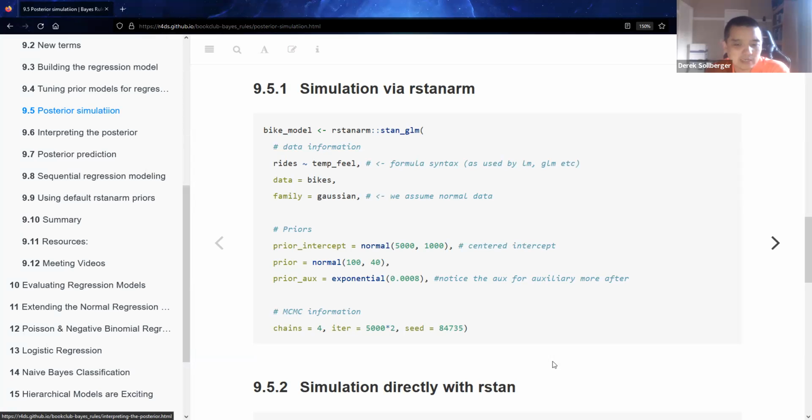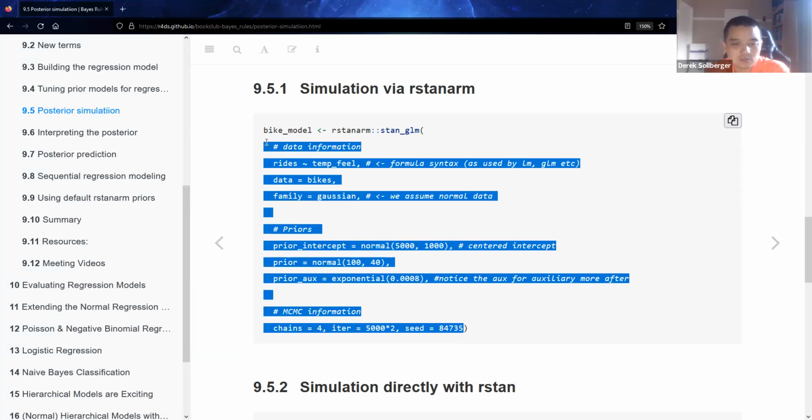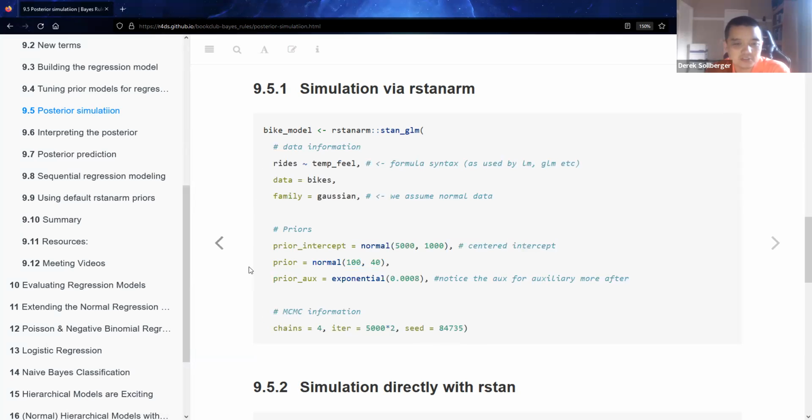Now, in previous chapters, we actually used the rstan package. And what I like is that rstanarm, syntax-wise, code-wise, is very easy to use.